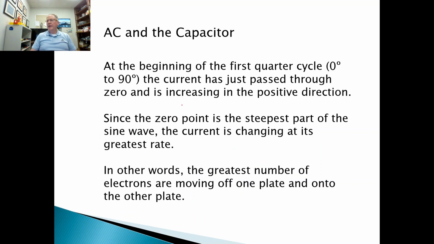All right? So at the beginning of the first quarter cycle, the current has just passed through zero and is increasing in the positive direction. Since the 0 point is the steepest part of the sine wave, the current is changing at its greatest rate. In other words, the greatest number of electrons are moving off of one plate and onto the other plate.